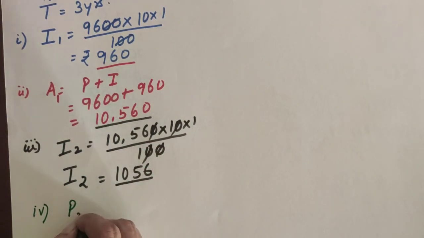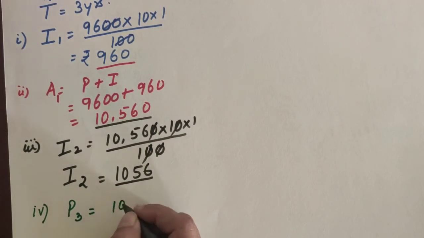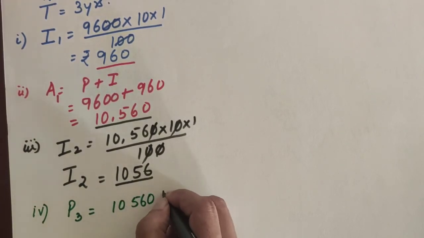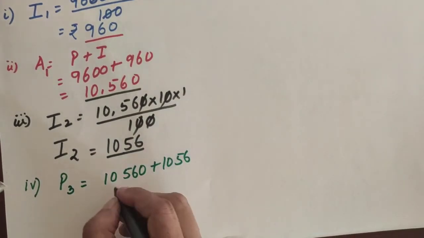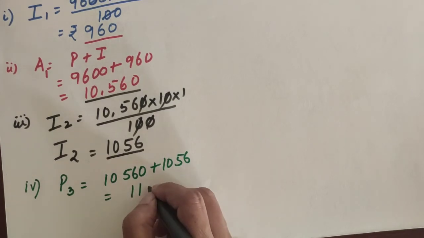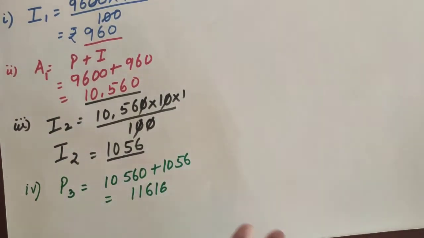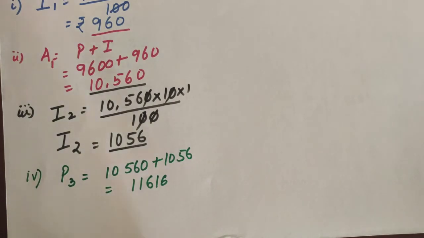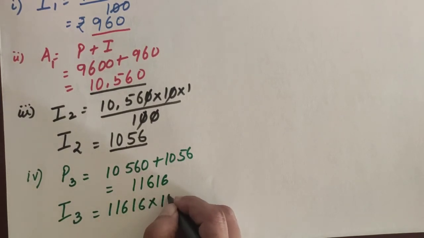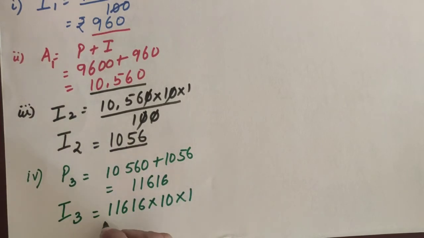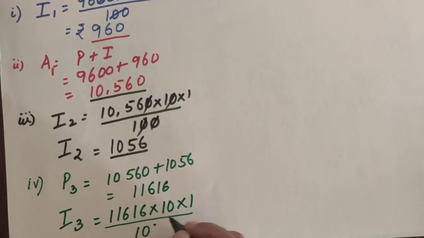So the principal for the third year will be 10,560 plus 1,056, which equals 11,616. Now we find the interest for the third year: the principal 11,616 multiplied by the rate, which is 10, multiplied by 1 upon 100.